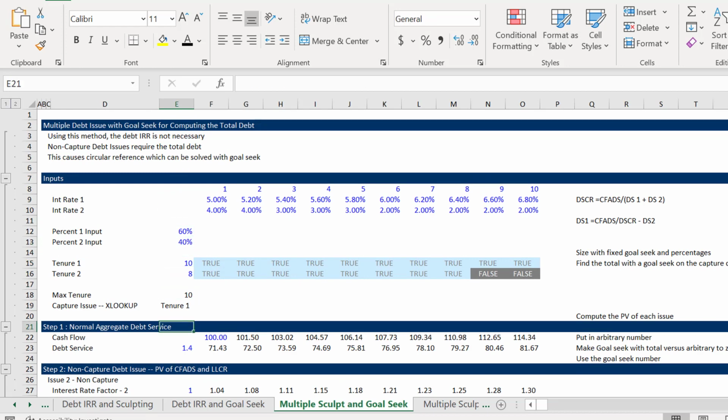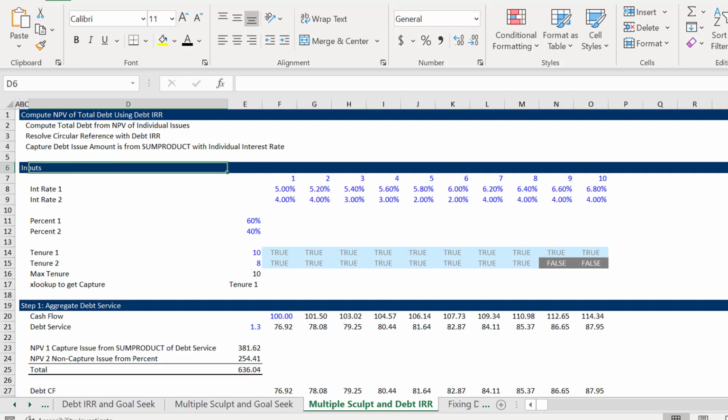And the problem in this situation, if you use a goal seek, you can resolve the problem without debt IRR. I think I suggest you still need to, or can, let me put it this way, can use the capture debt issue and non-capture debt issue.